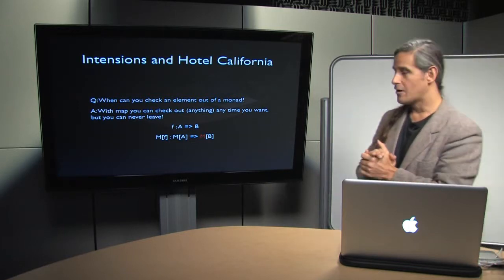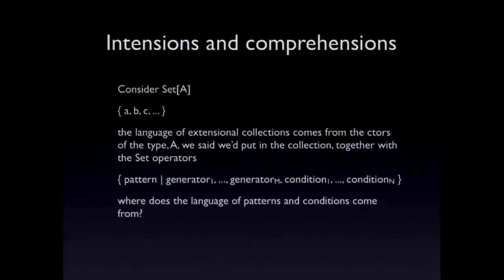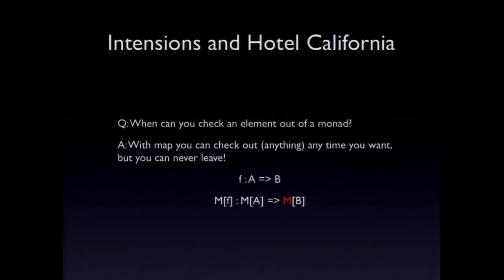So again, I hope you've noticed the sleight of hand, because I opened up this other question, which was, where does the language for patterns and conditions come from? And now I've distracted you off onto this other tangent. And I've done that on purpose. Now people actually get confused.